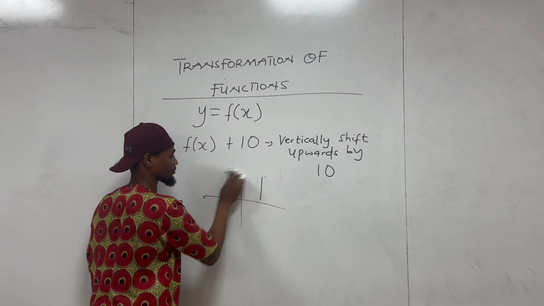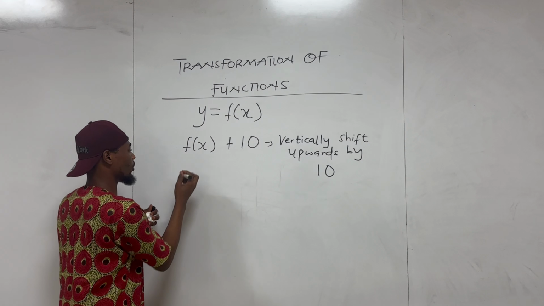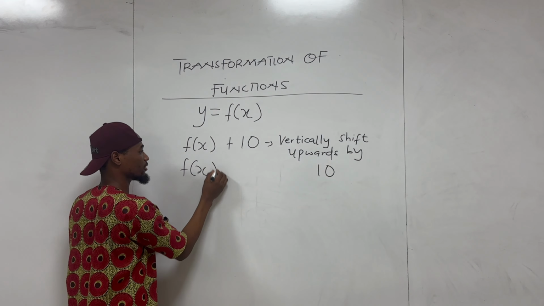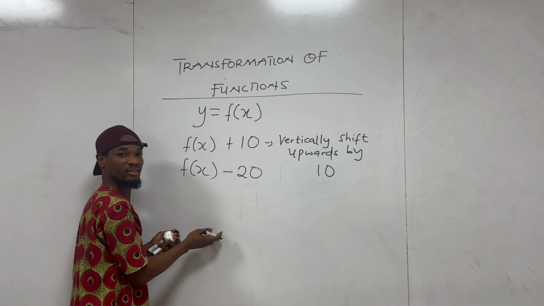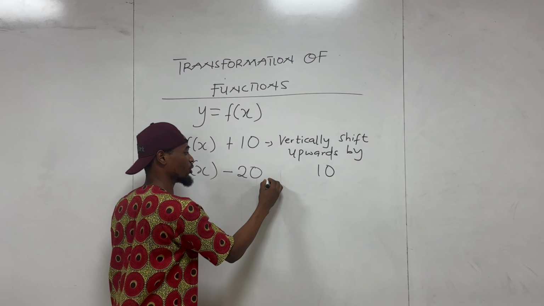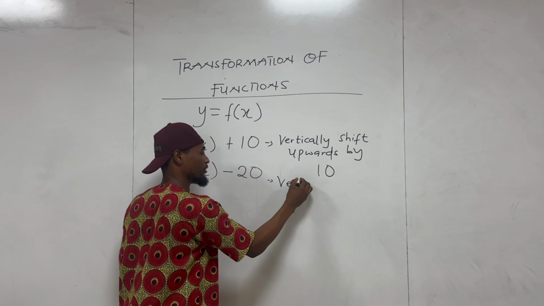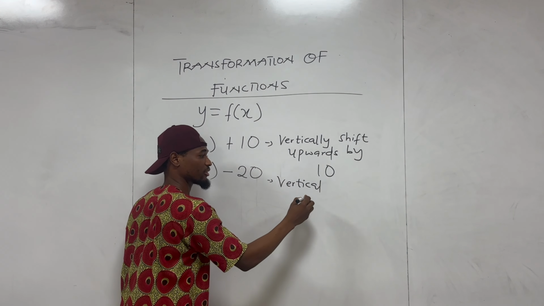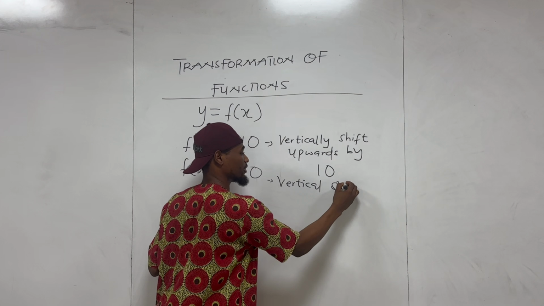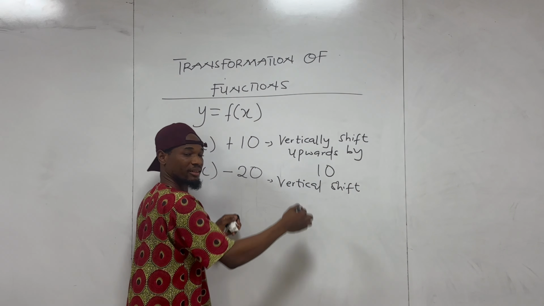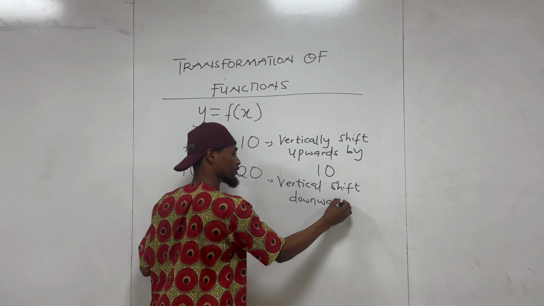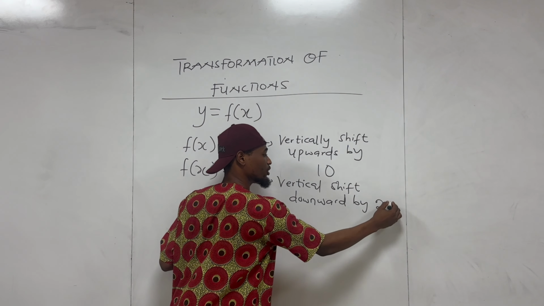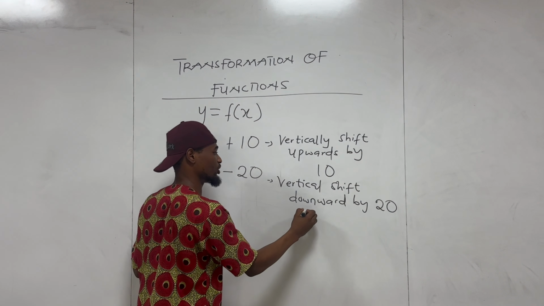Again, when I have f of x minus, let's say minus 20, the same concept. So vertical shift downwards by 20 units.